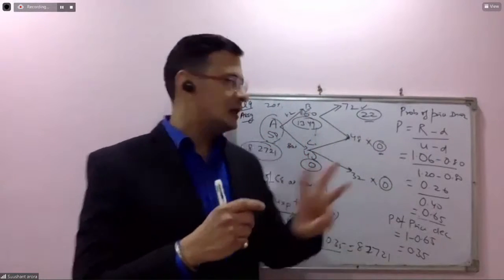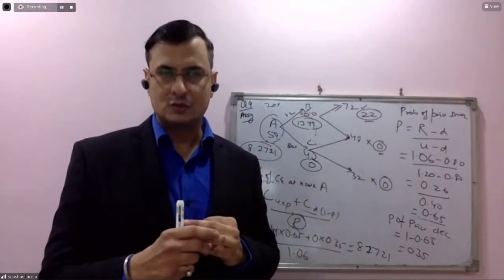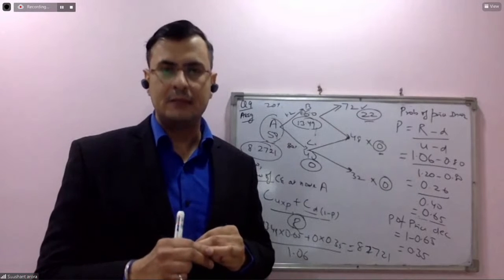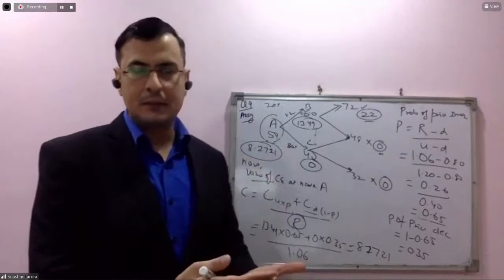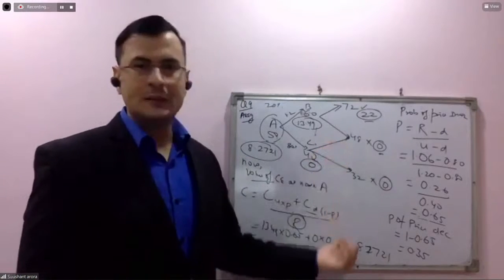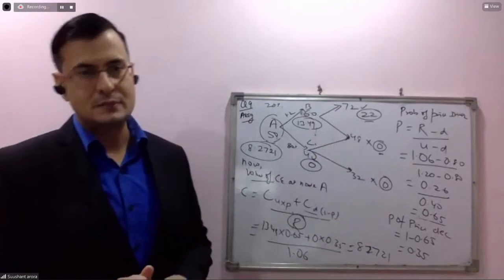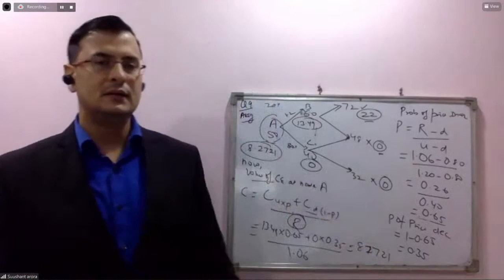First is binomial, which we have completed. Risk neutral we will cover after the break, and third is the Black-Scholes model. Black-Scholes has already been asked in a past attempt, so you can judge the importance of that. It can be repeated by the examiner, or binomial can be asked, or nothing can be asked. That is speculative, but you have to make sure that the concept is clear. Okay, guys?